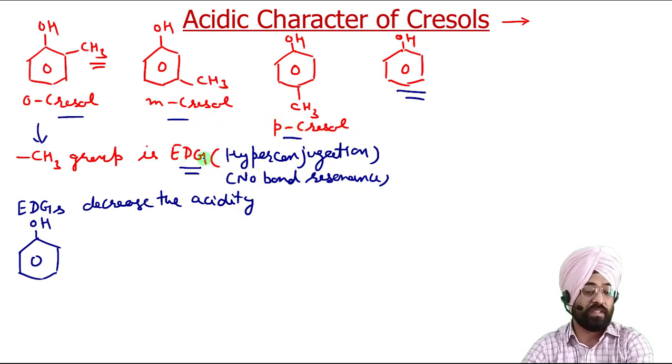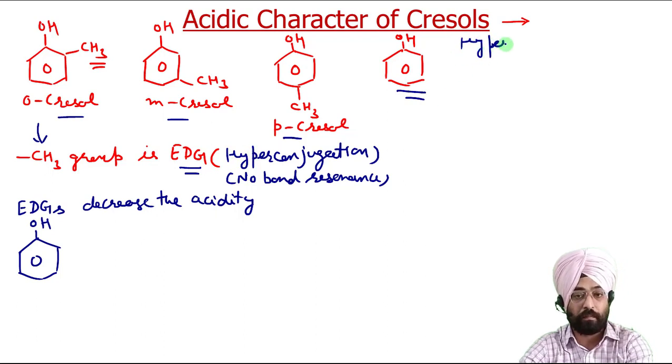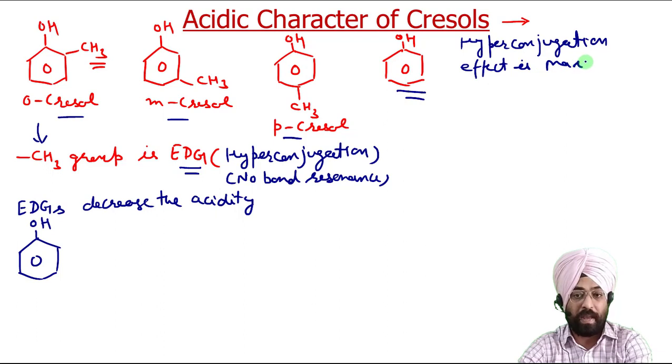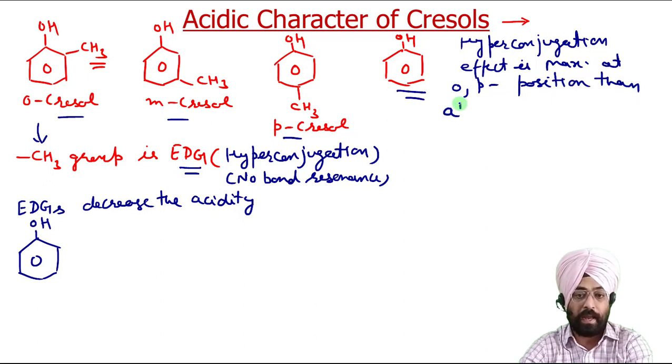Now we have seen that, similar to resonance, this hyperconjugation effect is maximum at ortho and para positions than at the meta position.